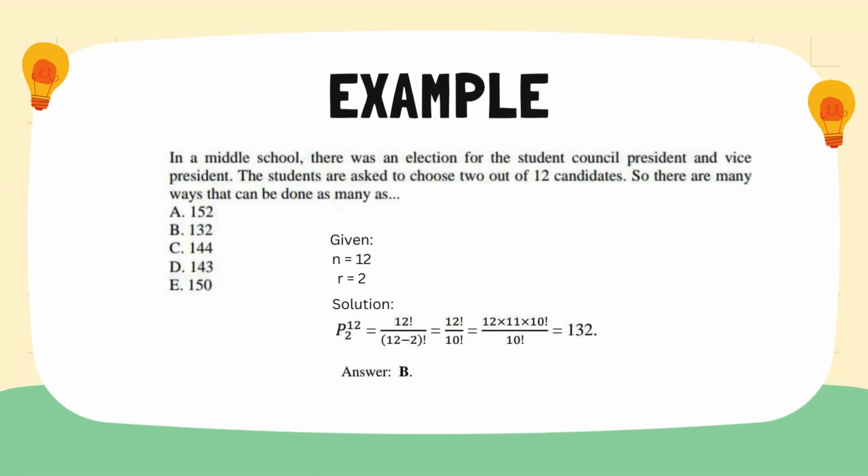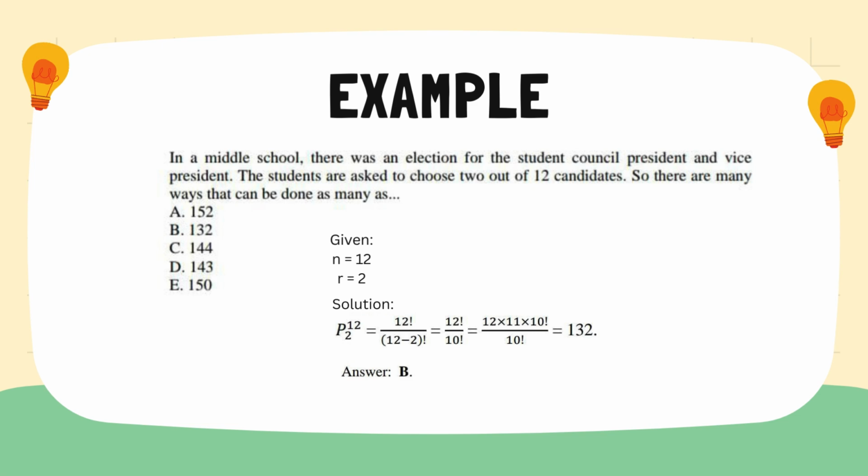Okay, so this is the first example. In a middle school, there was an election for the student council president and vice president. The students are asked to choose 2 out of 12 candidates. So there are many ways that can be done. To solve this question we can use the permutation notation. First, we must write the given information from the question.